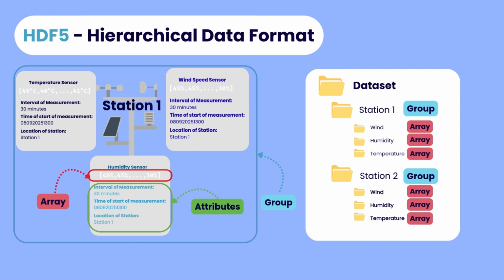So if we wanted to organize this in a hierarchical system, we can create a dataset as the main file, as the root file, and within it assign subfolders or groups that represent each different weather station, and within each group we can assign it some attributes, which is in our case the measurement interval and start time, and the arrays will represent the data coming from each sensor. In this case, it's the temperature, humidity, and wind speed.